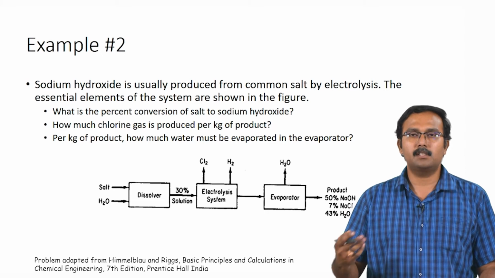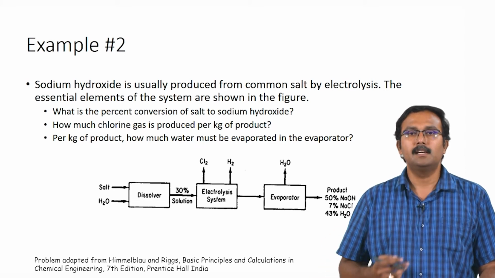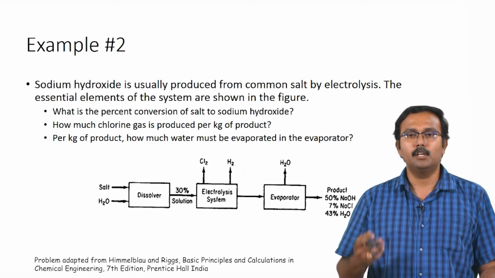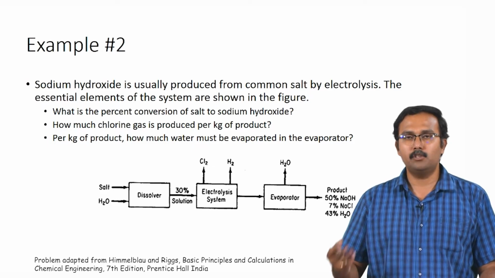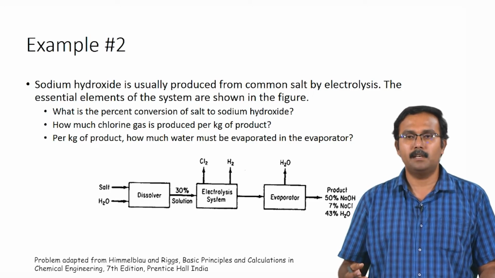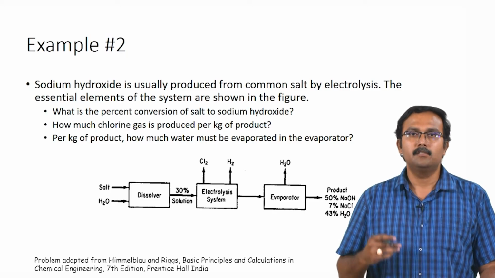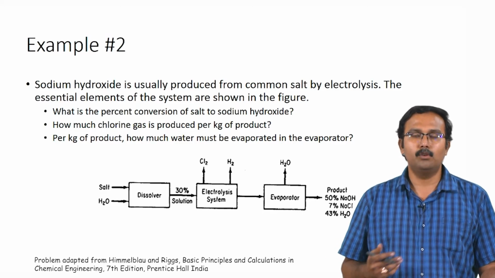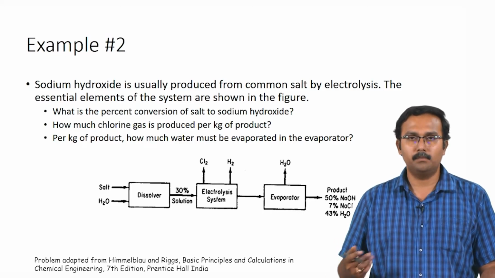Then the sodium hydroxide solution which you end up with is sent to an evaporator to get a desired composition, which is given as 50% sodium hydroxide, 7% NaCl and 43% water as the product. So, now that we have the system, let us look at how we solve this problem.